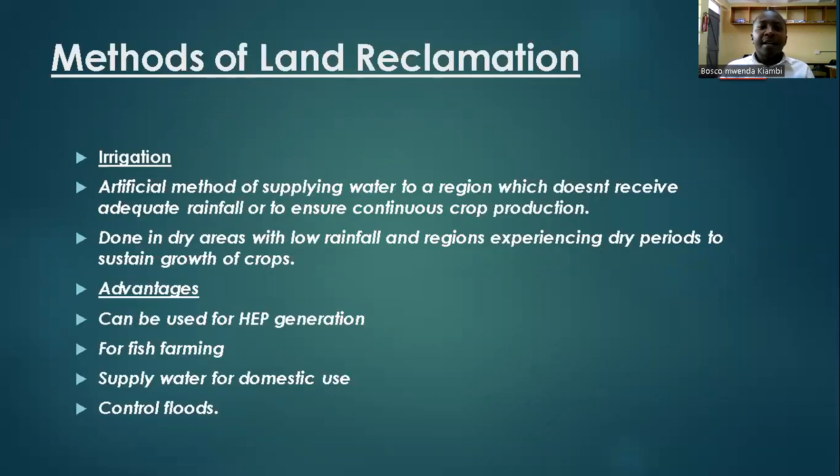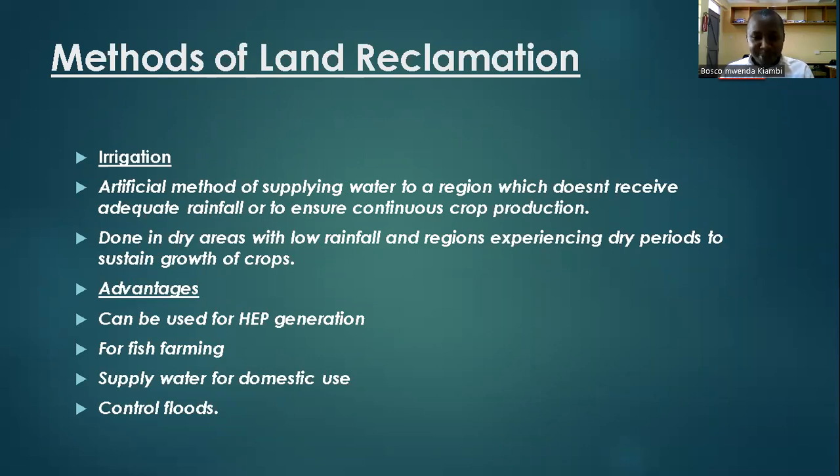Right. There are several methods of land reclamation that we can do. The most common method that we use is the one that we call irrigation as a method of land reclamation, where we supply water to a region that does not receive adequate rainfall.